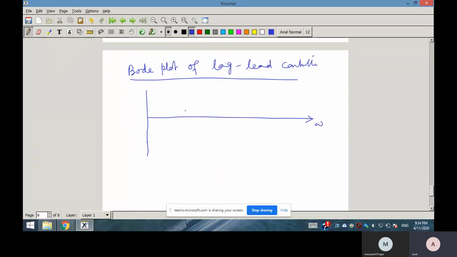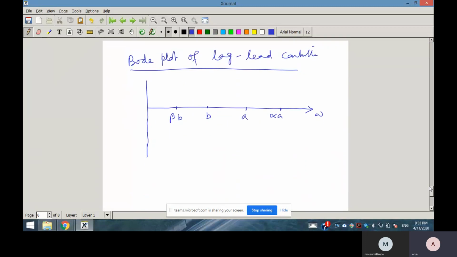The corner frequencies are: one is beta B, then B, then A, and then alpha A. First will be the lag part, according to the chosen range, A greater than B. Because A is greater than B, the lag part will be first.